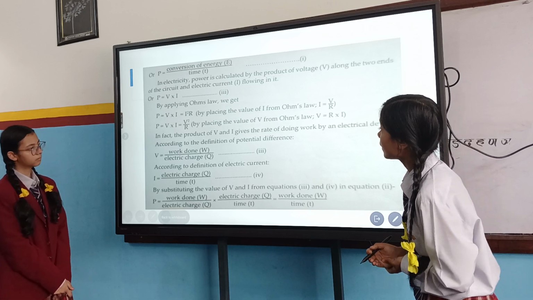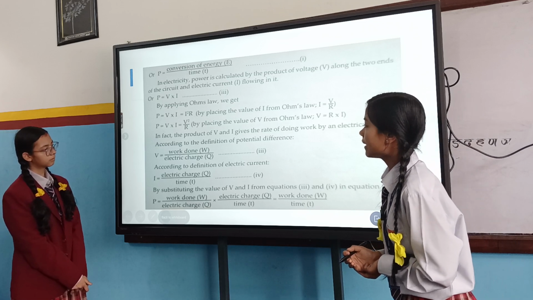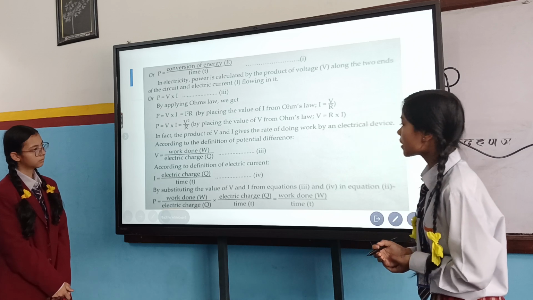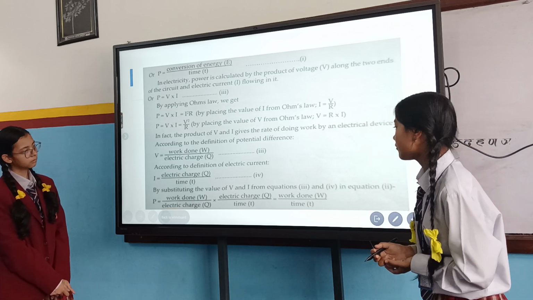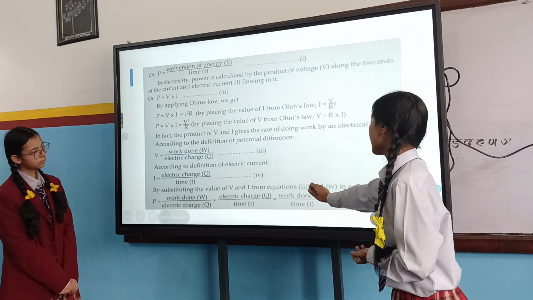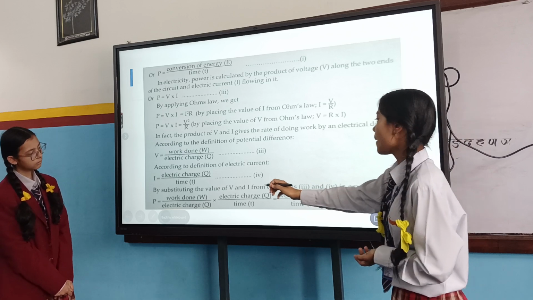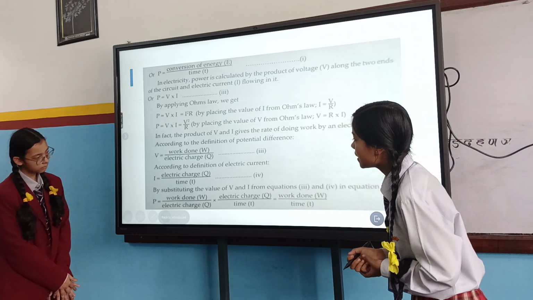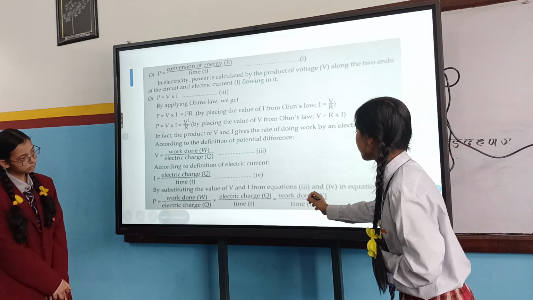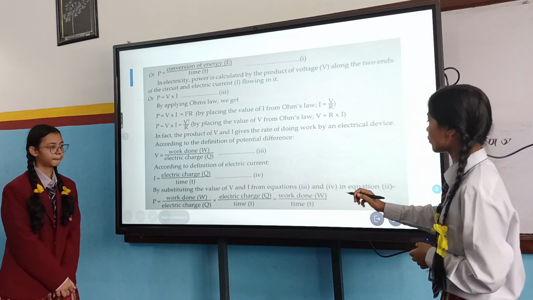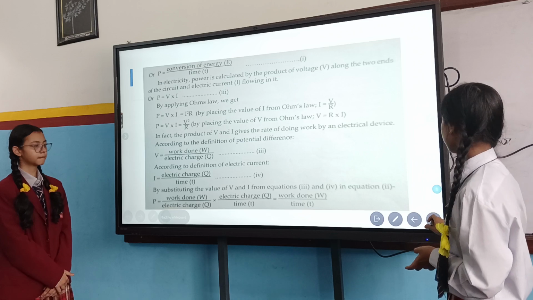According to the definition of electric current, I is equal to electric charge upon time. By substituting those values of V and I from equations three and four in equation two, we get P equal to work done upon electric charge times electric charge upon time, which is equal to work done W upon time T.